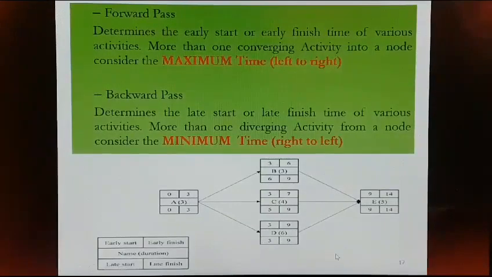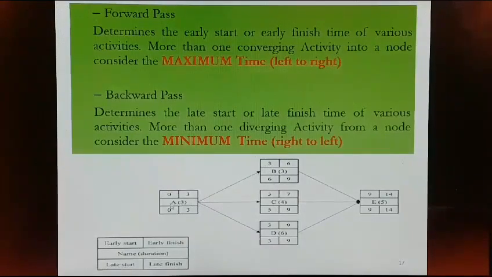So here in this example, see here activity B, C, D. Three activities are coming back inside this node A, activity A. And diverging means from this node, from node or activity A, three activities are diverging.